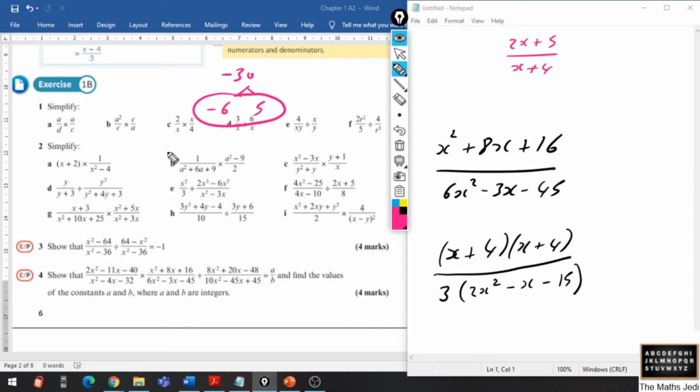So then you're left with, in terms of factorisation, 2x squared minus 6x plus 5x minus 15. And then factorising the first pair and the second pair, you can take out 2x as common. That's 2x plus 5, x minus 3 on the bottom. So 2x plus 5, x minus 3.